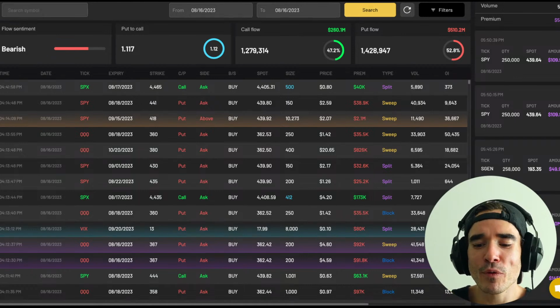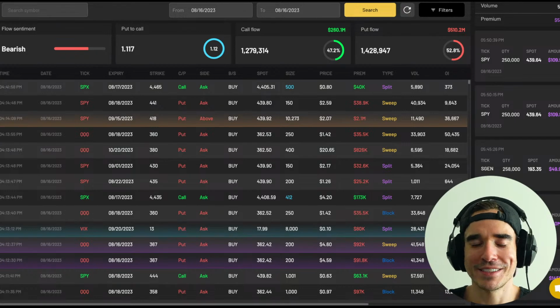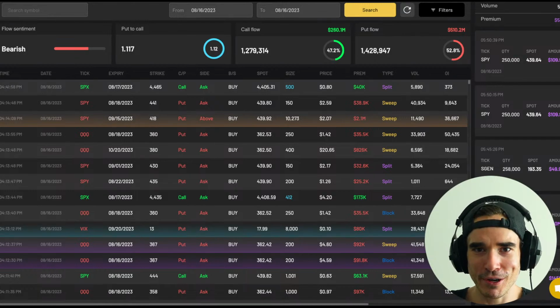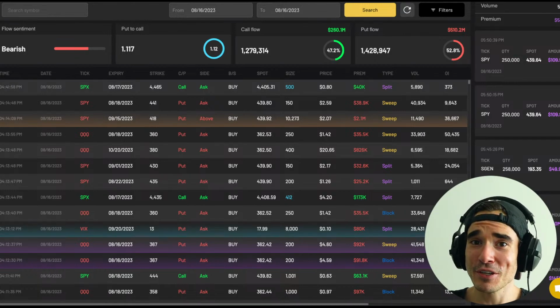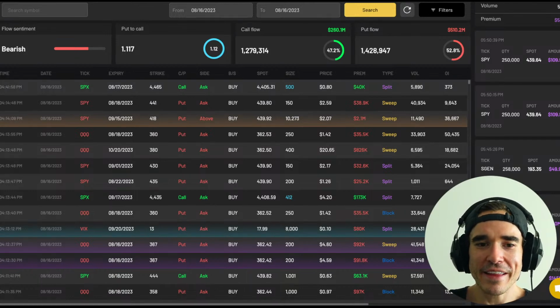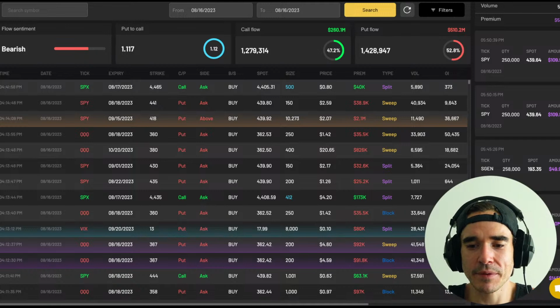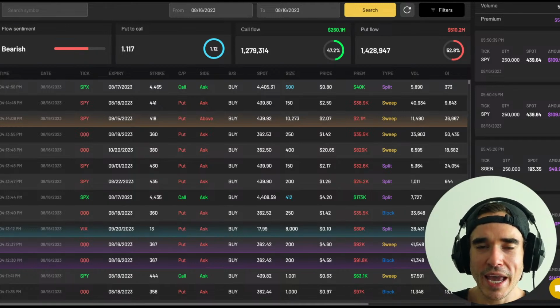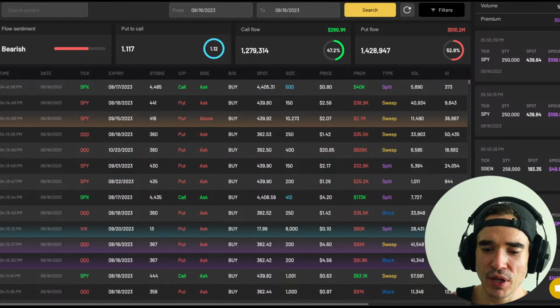Everyone is trading expiring options. Today they're trading the expiring options that have a bearish tilt, but they're still trading expiring options.